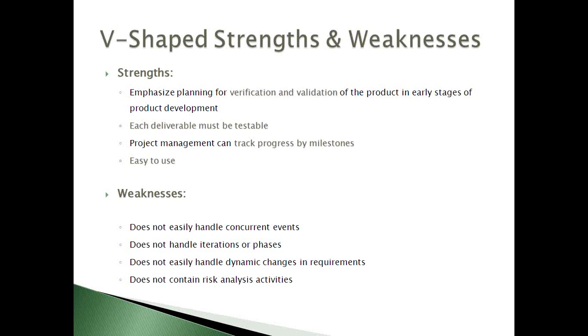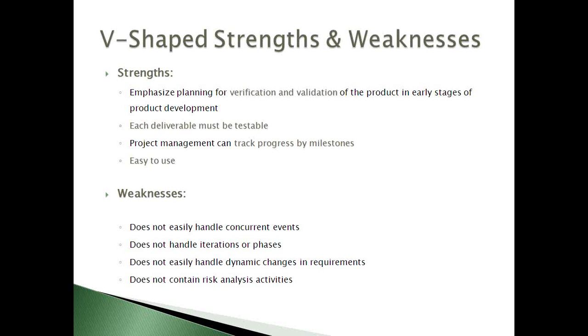For example, if you have any changes or any new enhancements related to the requirements, after considering the changes and the new enhancements, those need to be verified and validated before moving into the next phase.